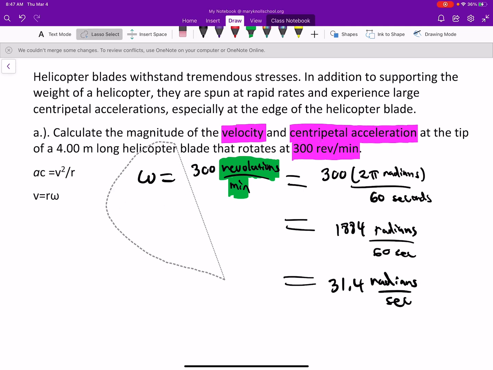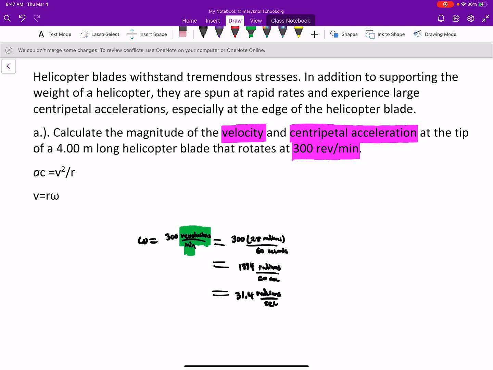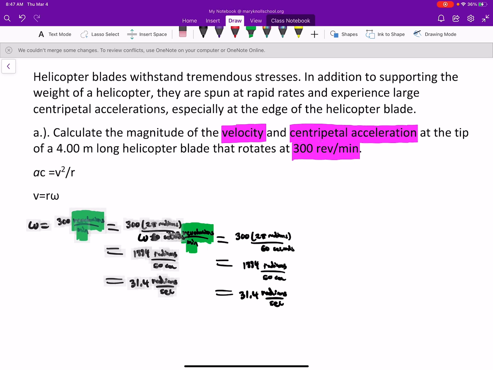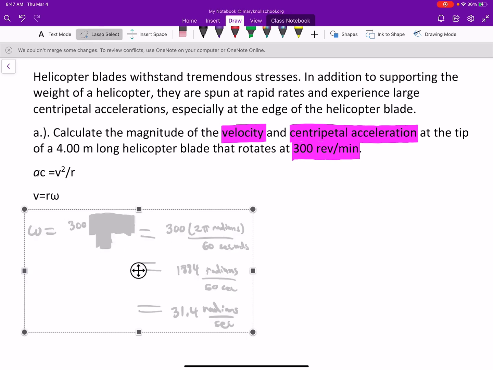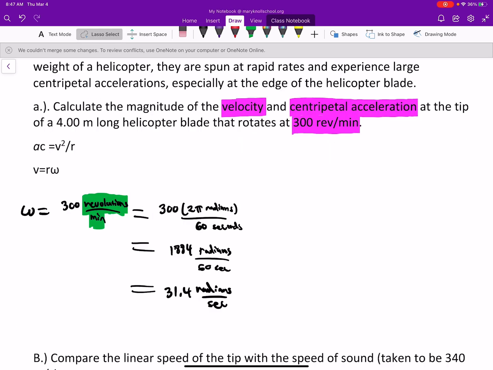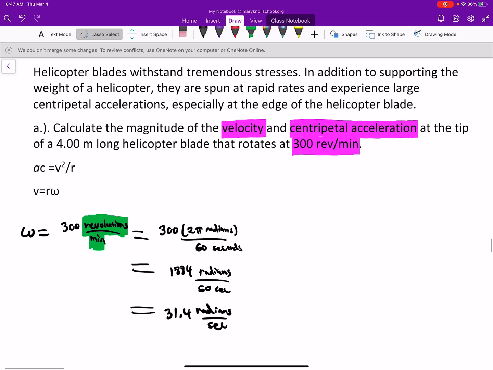So let's go ahead and take all this, put it somewhere else. Okay, and what we want to solve for now is either acceleration or velocity. And I think the easiest one right now is going to be velocity. So let's go ahead and do that one first. So V equals R omega.